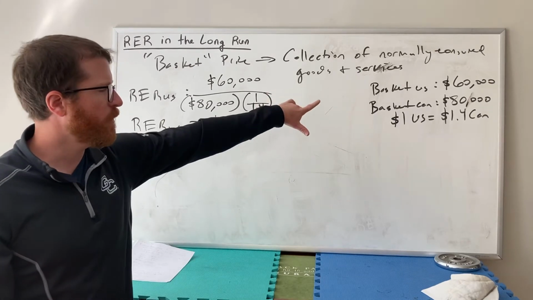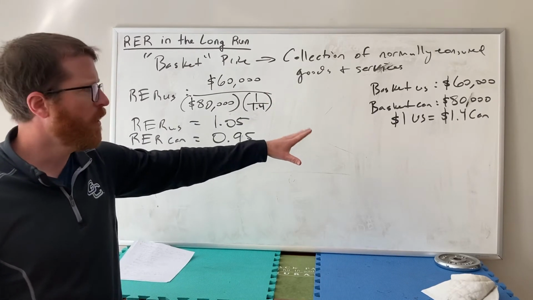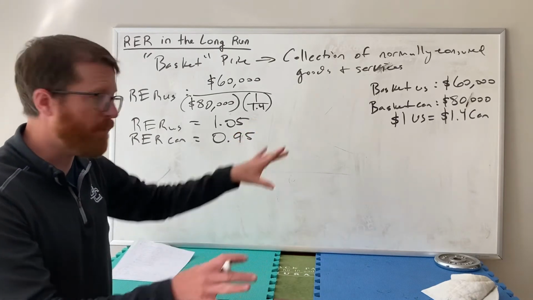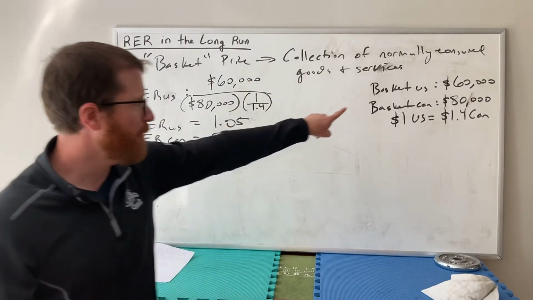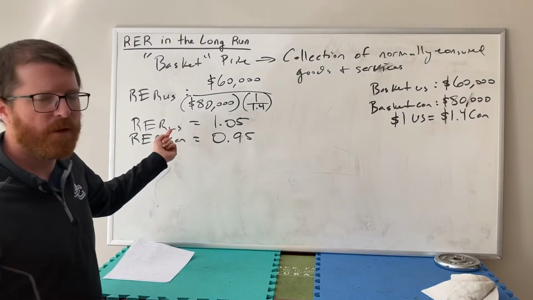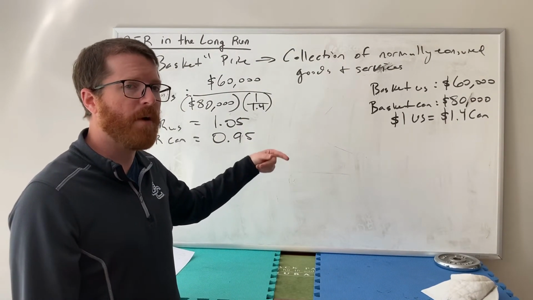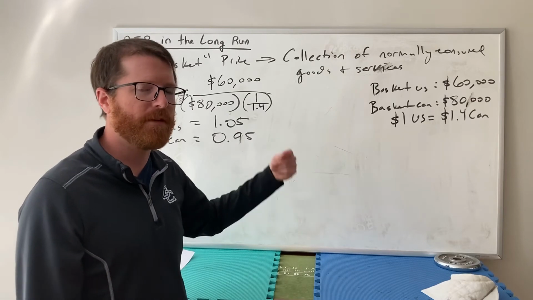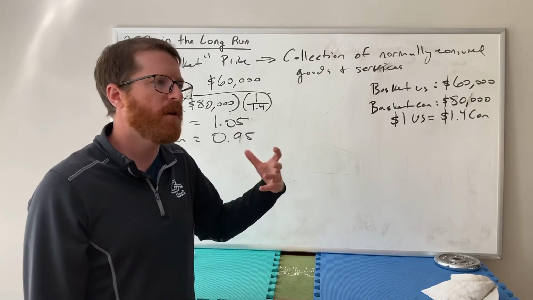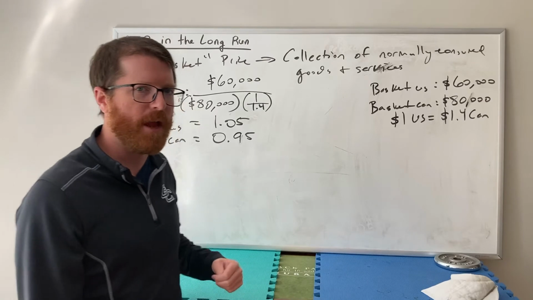In this case, we're talking a basket, all right? So to think about literally what this means in this specific example, if you have $60,000 in the U.S., you could exchange that for Canadian currency, and then you'd be able to buy 1.05 baskets in Canada. So you would immediately have more buying power in Canada.